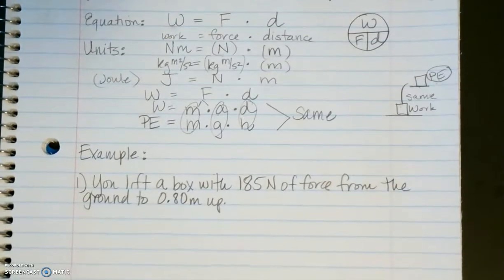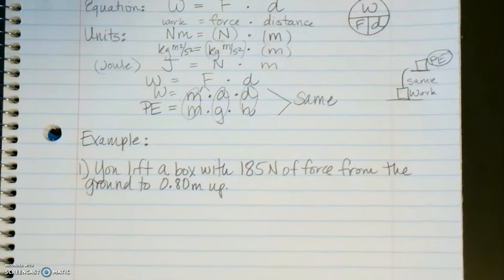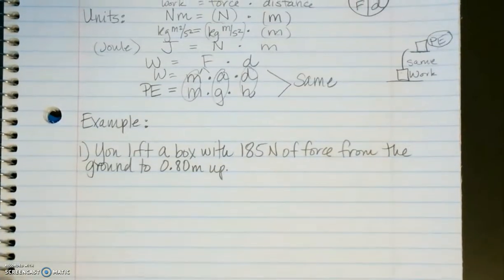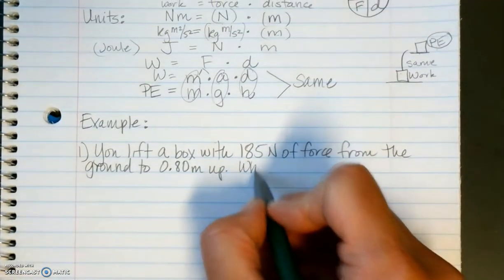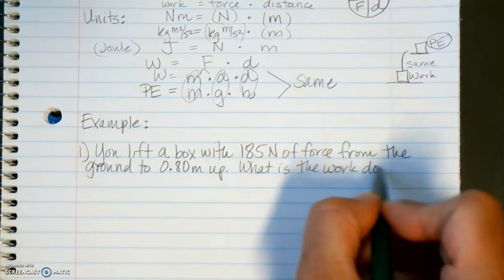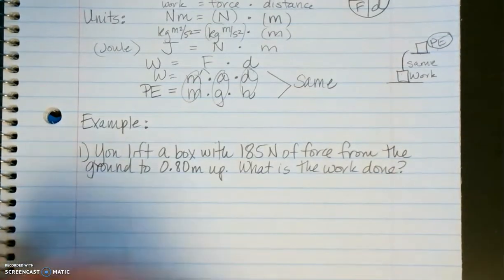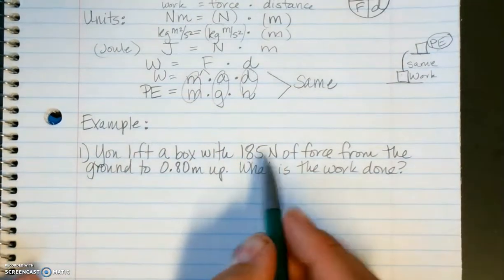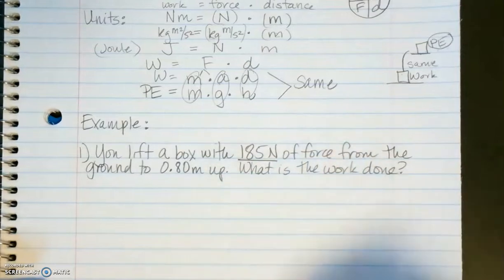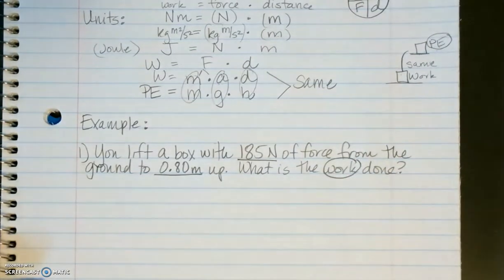We already know we're lifting it in a direction parallel to the force. So we are going to continue with: what is the work done? We're going to do it just like we do all our problems. We're going to underline what we're given, 185 newtons of force and 0.80 meters, and we're going to circle what we need, and that is work.